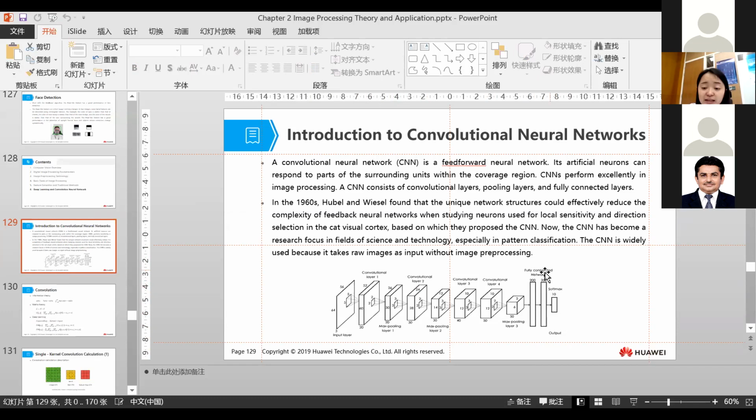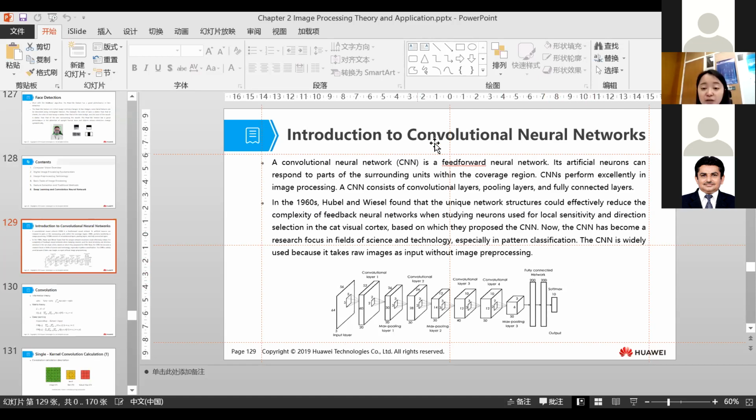So this is a model for multi-class classification, and the final output is a 10-dimensional vector. So we want to recognize 10 classes.